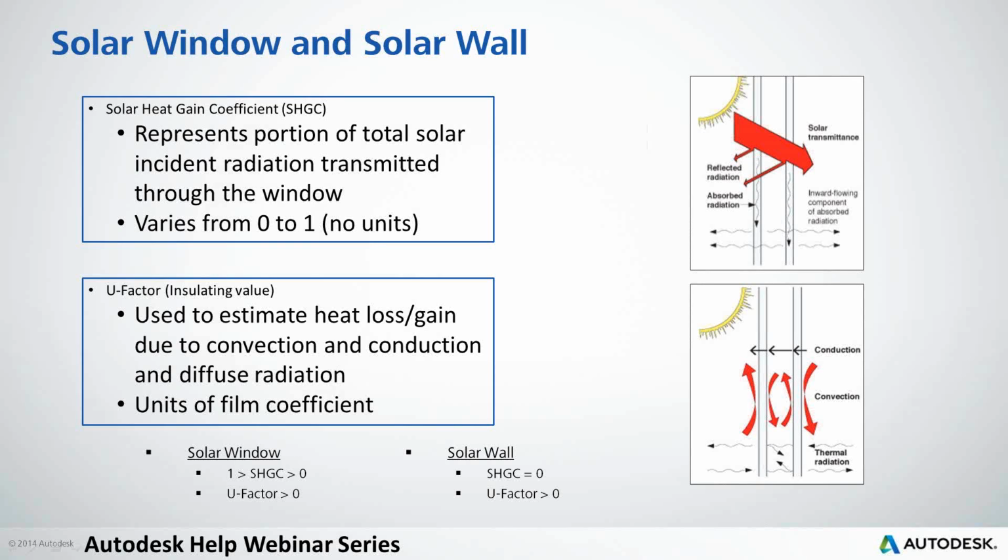I think it's important to mention as well, just looking at the values at the bottom there, the solar heat gain coefficient of a window has to be between 0 and 1. If it's 1, then you don't need a window because all of the energy is going to pass through. And the solar wall has to be 0 because it shouldn't let any light through.